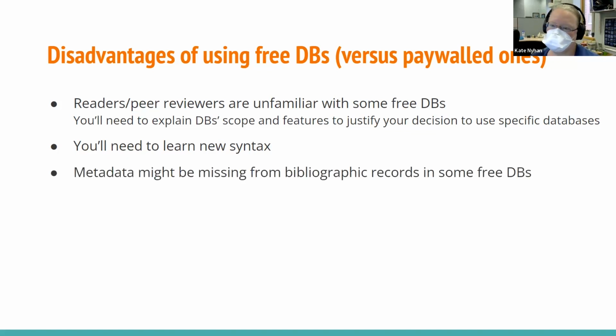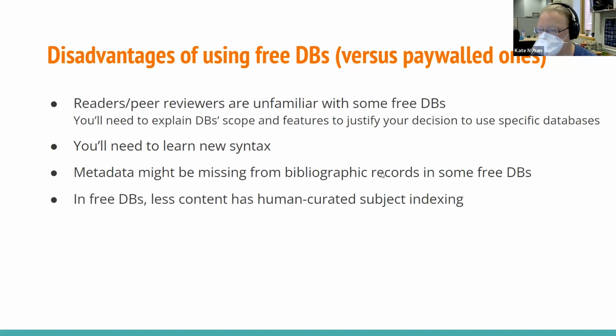Then starting to think about data quality issues. Sometimes there might be metadata missing in the bibliographic records or some subgroup of the bibliographic records in a free resource. That could be the case in paywalled resources too, but it is really important to get to know a resource you're using as part of your evidence synthesis project.